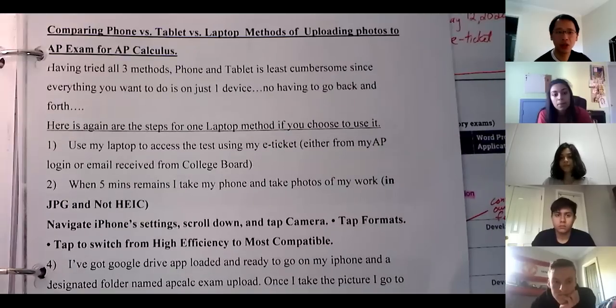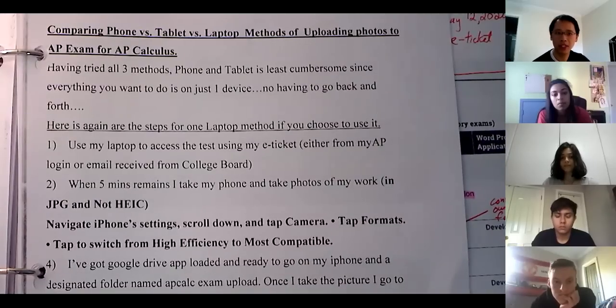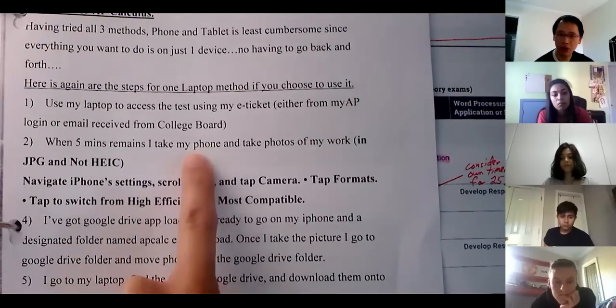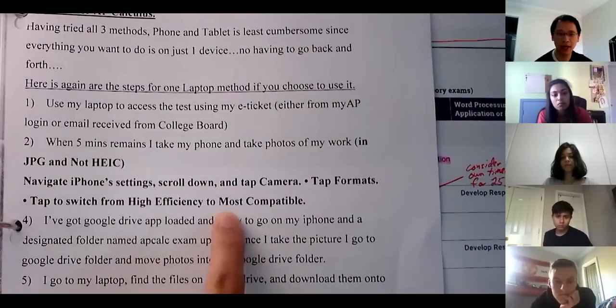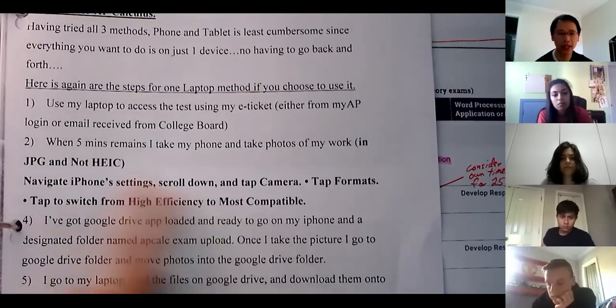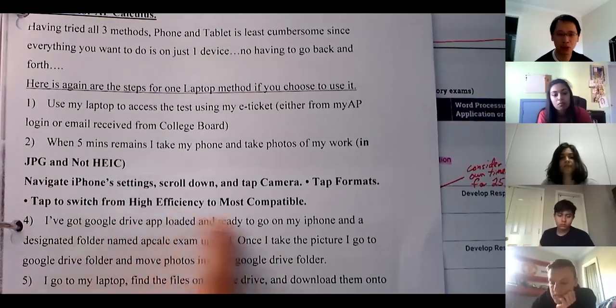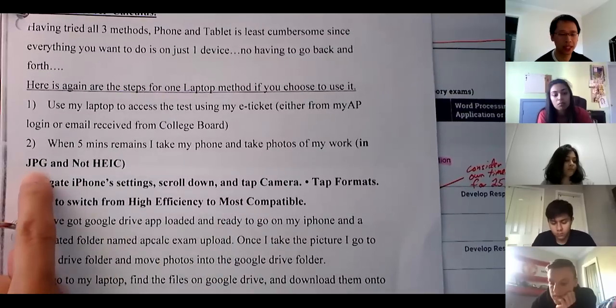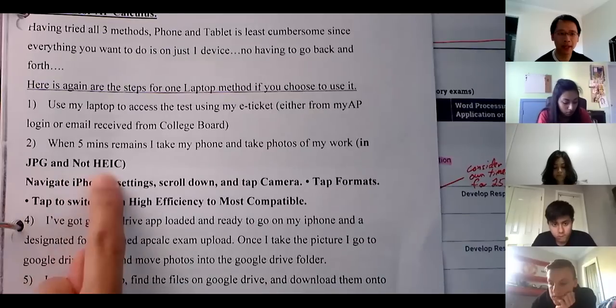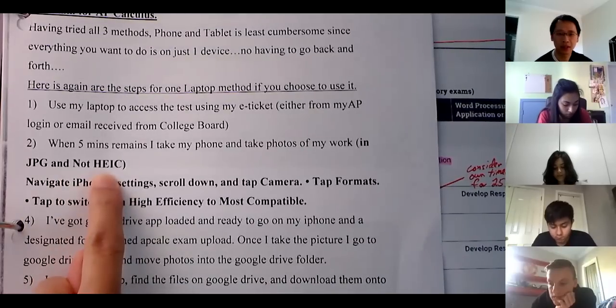Okay. All right. Any other questions with your AP exam demo experience or choosing between different methods? Make sure that your phone has, this is for iPhone, that you're switched to most compatible, so you're always getting that JPEG format and not HEIC. Okay.